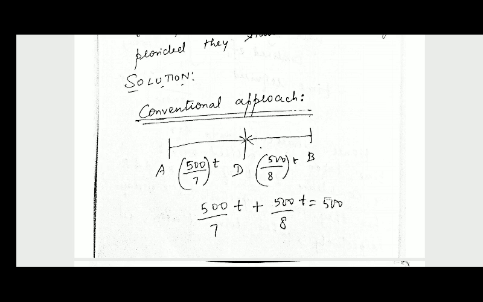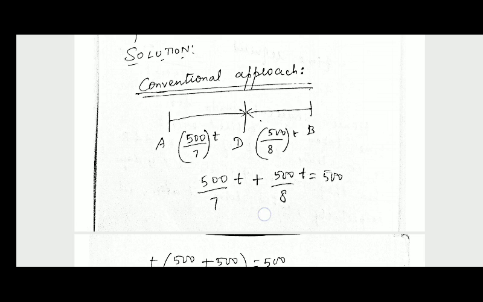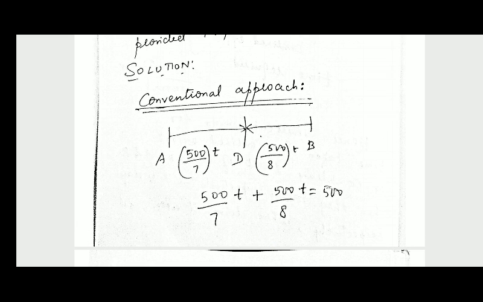So this gives rise to the equation that 500 by 7 into t, that is nothing but speed into time of person A, plus 500 by 8 into t, that is nothing but speed into time of person B, together will give us the total distance between them, that is 500. So this is the primitive linear equation for solving the time taken to reach the meeting point.